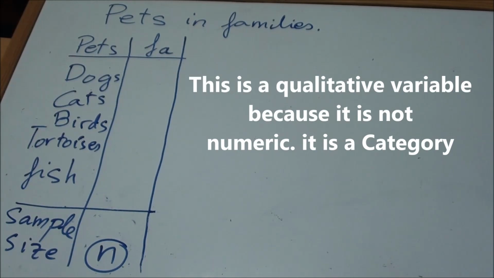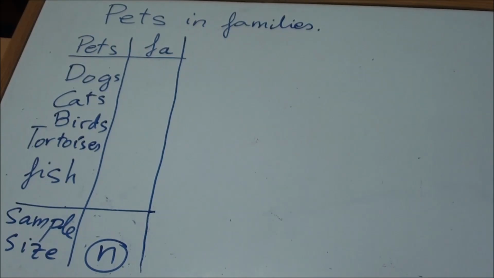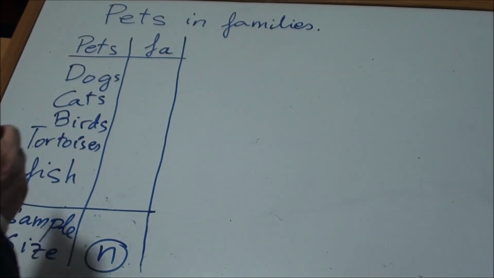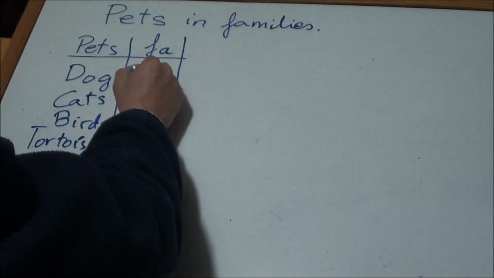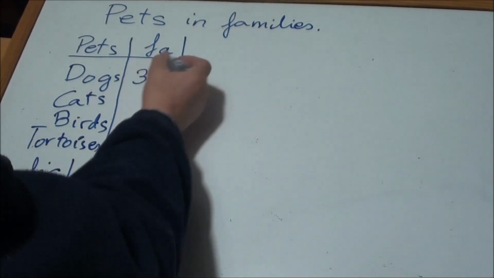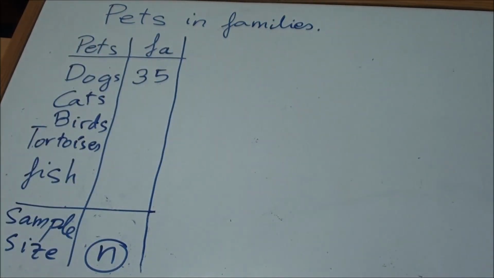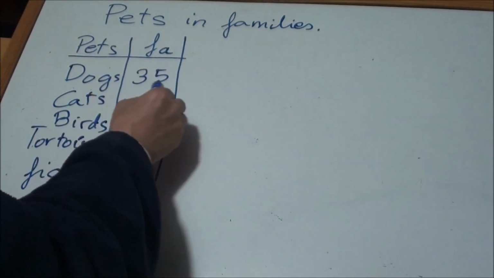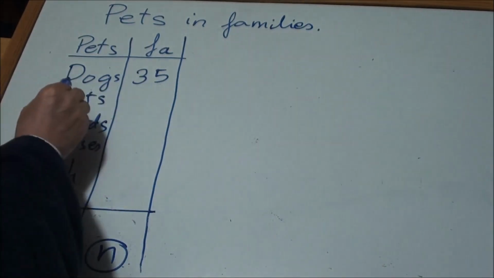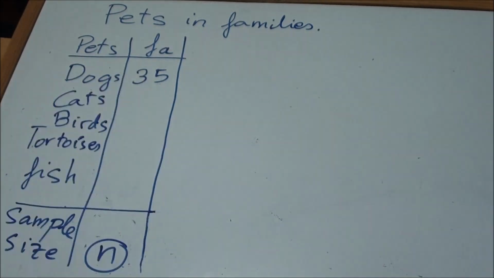We asked a number of families which type of pet they had at home, and these are the results. This is the frequency, what we call the absolute frequency, the number of families who had dogs. 35 families had dogs.